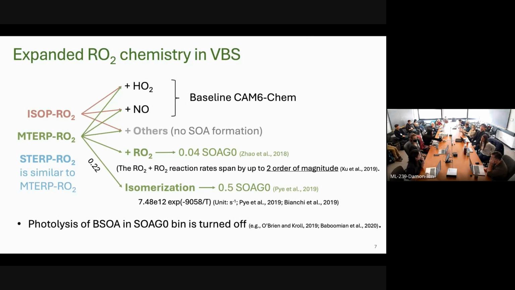Because you don't think they are photo-tolerant? This is actually what we have to do. It's not quite accurate. This is because experiments found that there's a fraction of the SOA that does not photolyze, and we want to kind of mimic this.